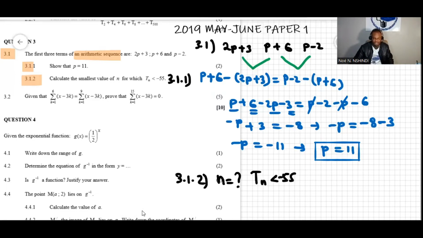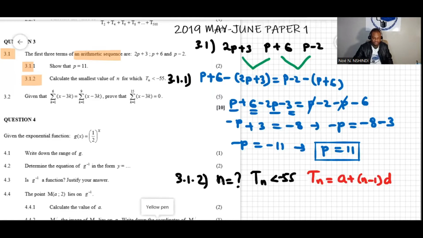Let's first find Tn. We know, because it is an arithmetic sequence, that Tn must be equal to a plus (n minus 1) times d. d is the constant difference. Now, the fact that we already found the value of p, which is 11, we can find the exact values of the first three terms. So the terms here will be 2 times p plus 3, which is 22 plus 3, so it's going to be 25.